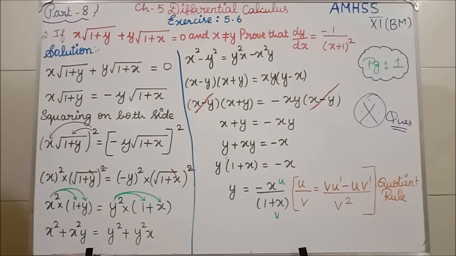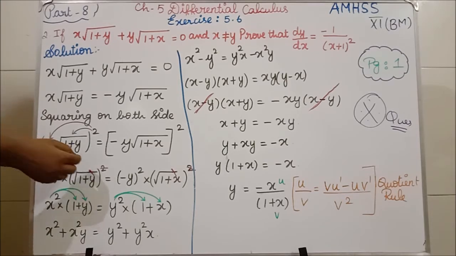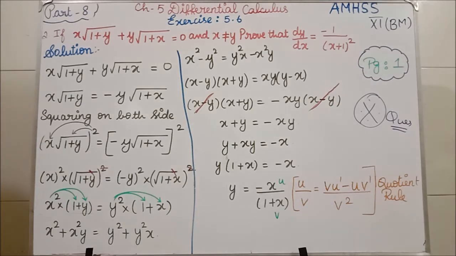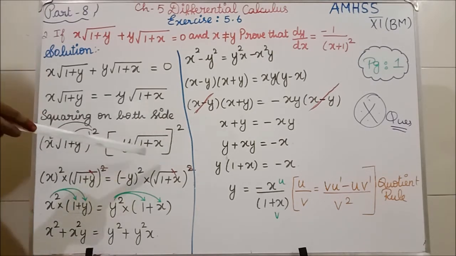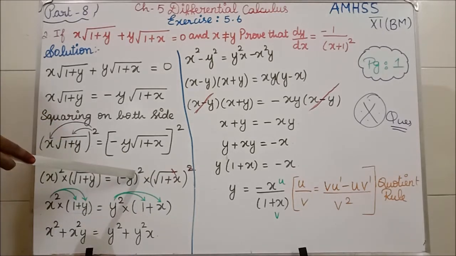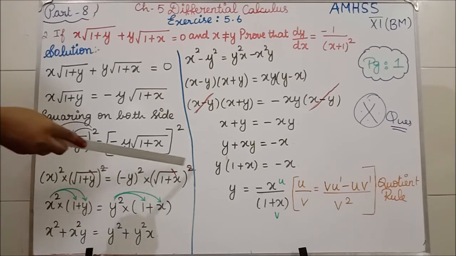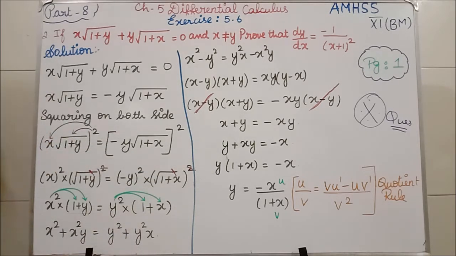See now, x the whole square into square root of 1 plus y the whole square. Here in this step, the square and square root will get cancelled. Similarly, the square is for y as well as square root of 1 plus x. So what will you get now? Minus y the whole square into square root of 1 plus x the whole square.